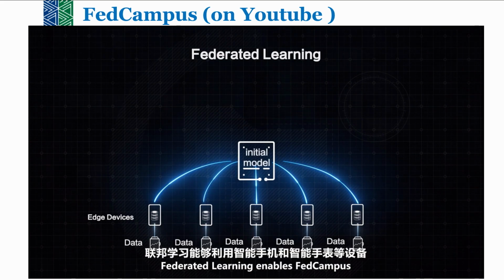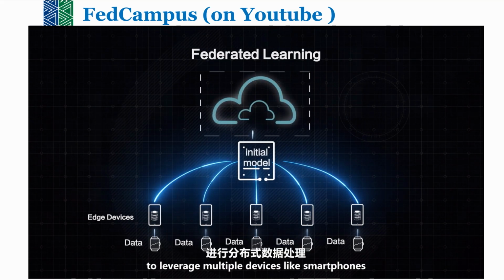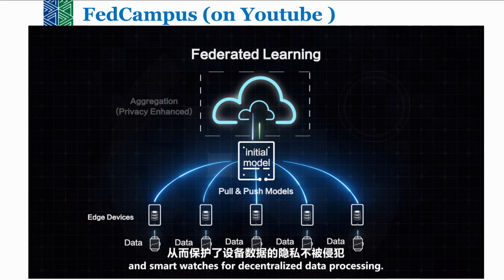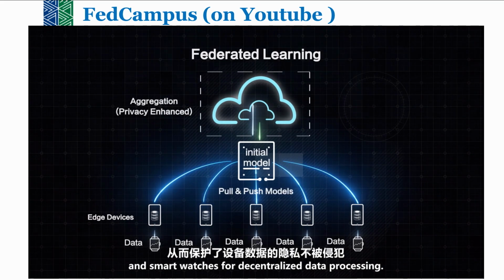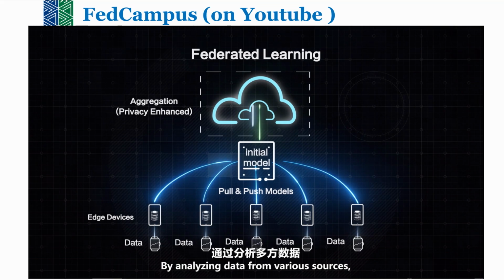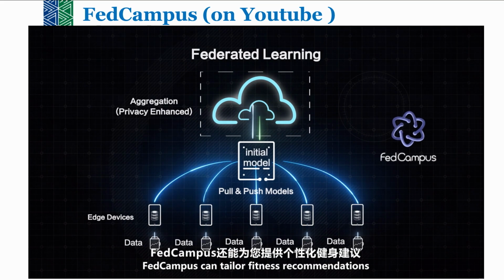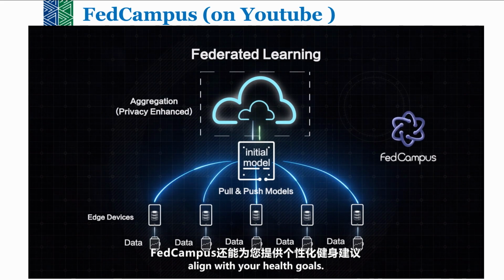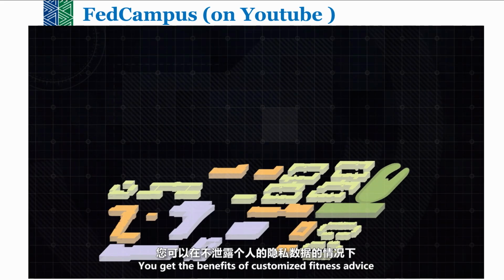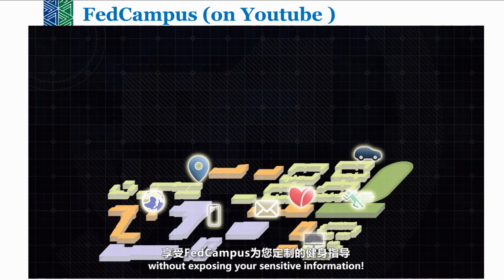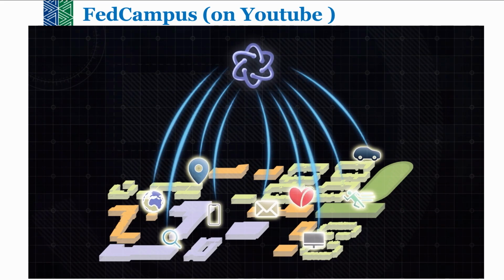Federated learning enables FedCampus to leverage multiple devices like smartphones and smartwatches for decentralized data processing. By analyzing data from various sources, FedCampus can tailor fitness recommendations aligned with your health goals. You get the benefits of a customized fitness device without exposing your sensitive information.